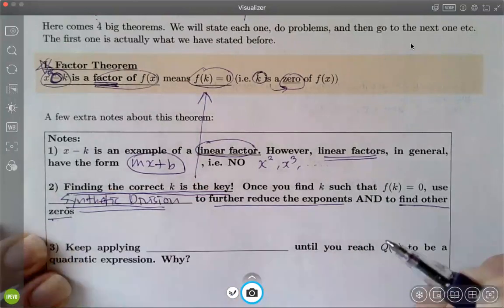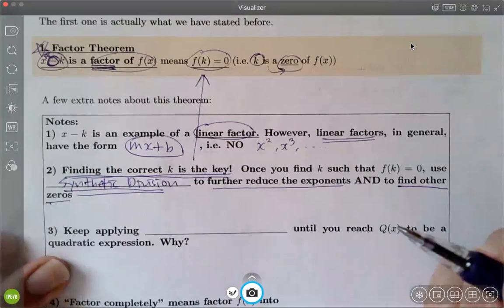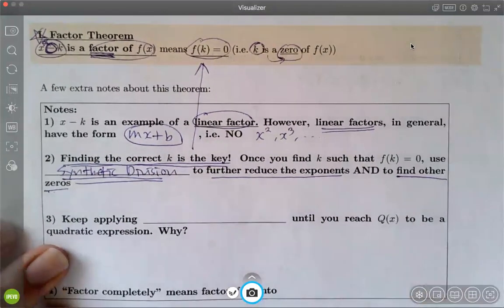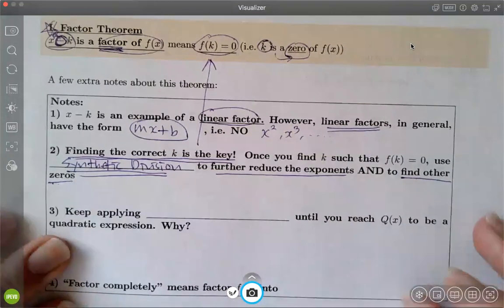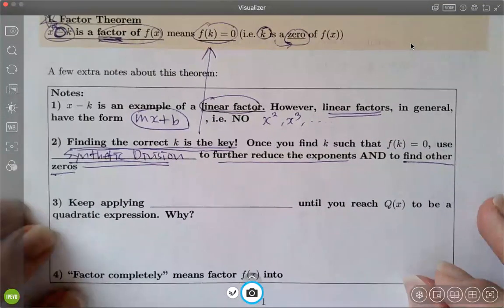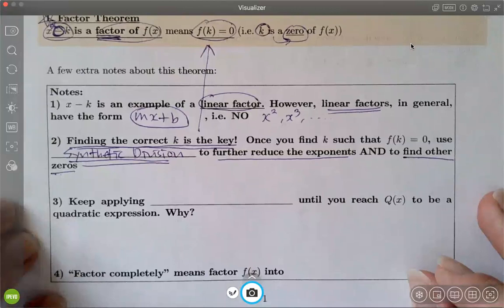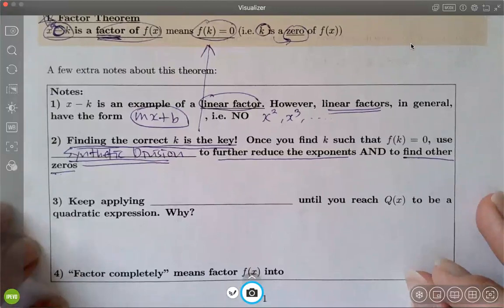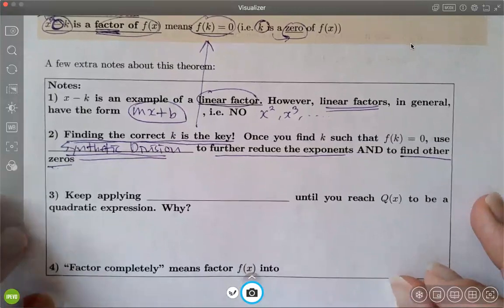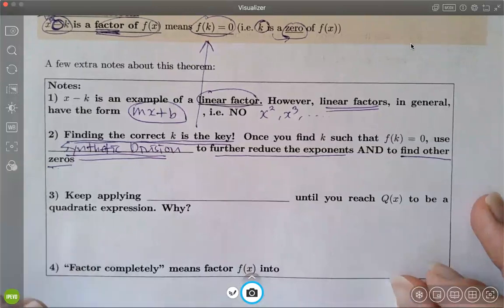Last time when we covered synthetic division, we saw that once we apply it, the powers of x decrease. That's why we apply synthetic division to reduce the exponents.